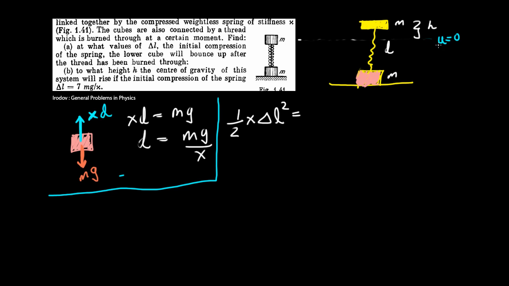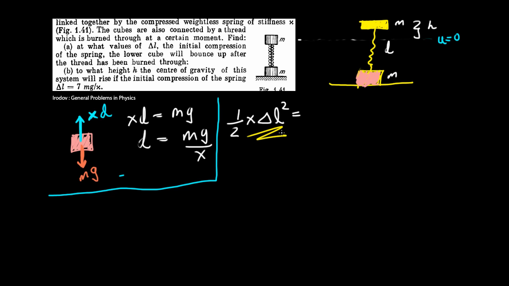And you might say that this block here will have potential energy, and I agree with that, but you have to agree with me that the initial and final state of the lower mass is the same. So even if I include the energy of this lower block here, that will automatically get cancelled, right? So I don't need to worry about it.